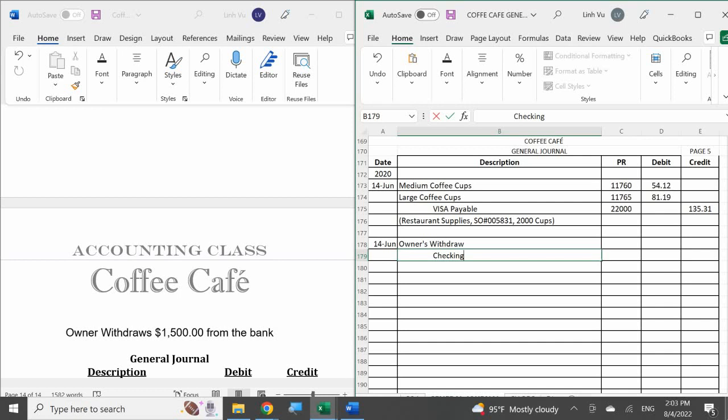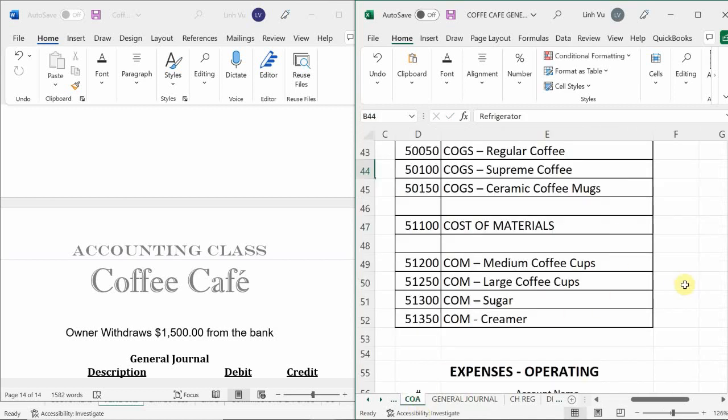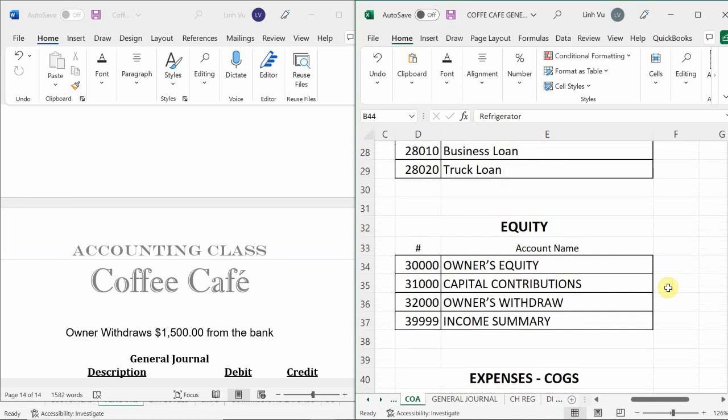So in this case, Bob can choose to take out money whenever he wants. So good, that means we've got to cut him a check. Okay, so let's see. Owner's withdrawal. Let's see what account number that is. Owner's withdrawal is $32,000.